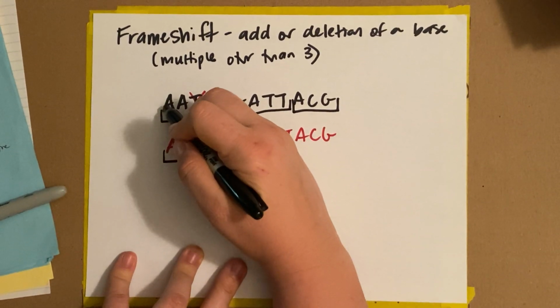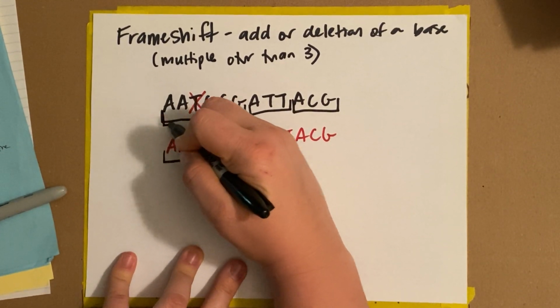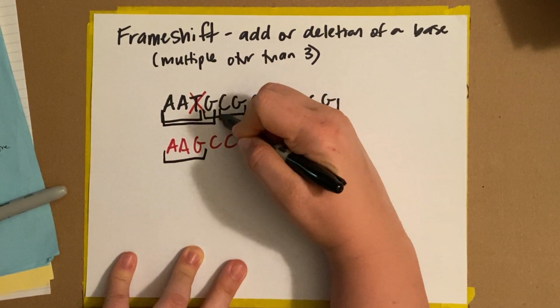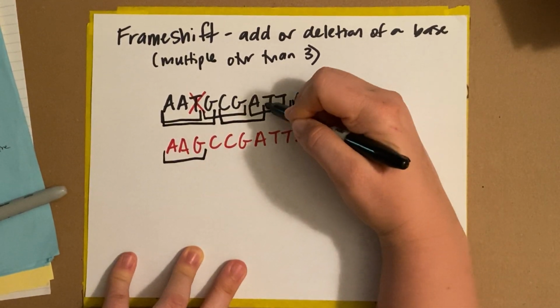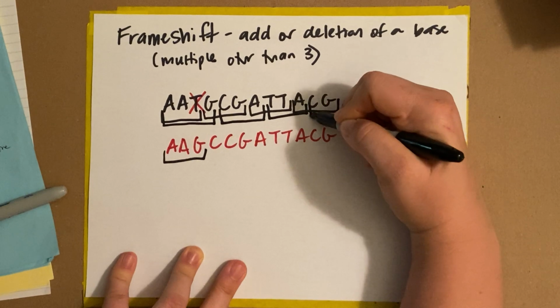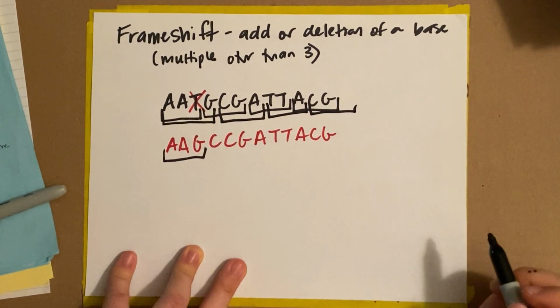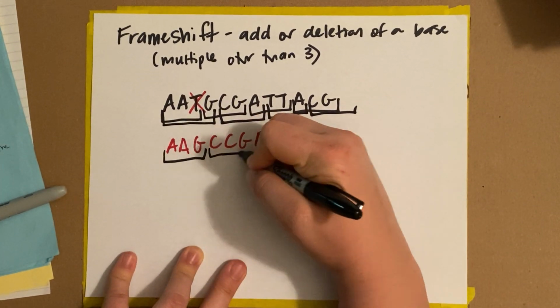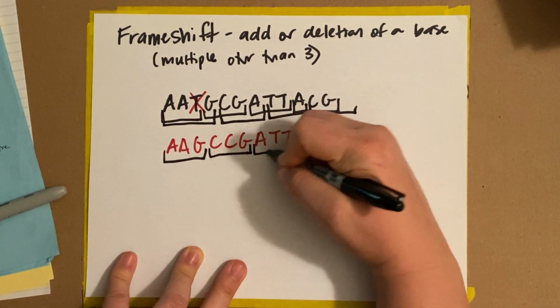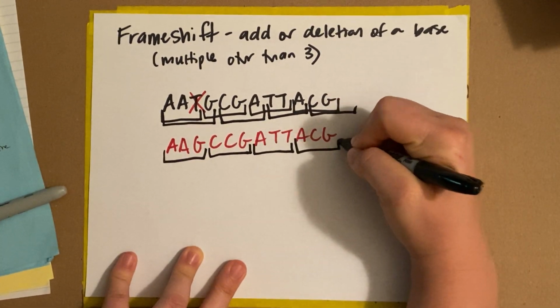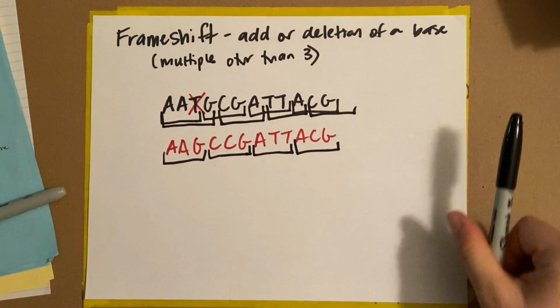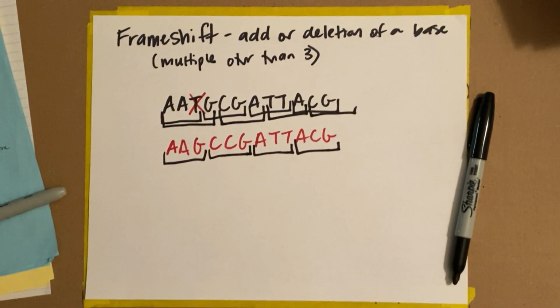And so it'd be as if you were reading from here to here, and so what this does is it changes your reading frame and shifts it so that it's no longer the same amino acids, okay? Frame shifts almost always destroy the actual protein.